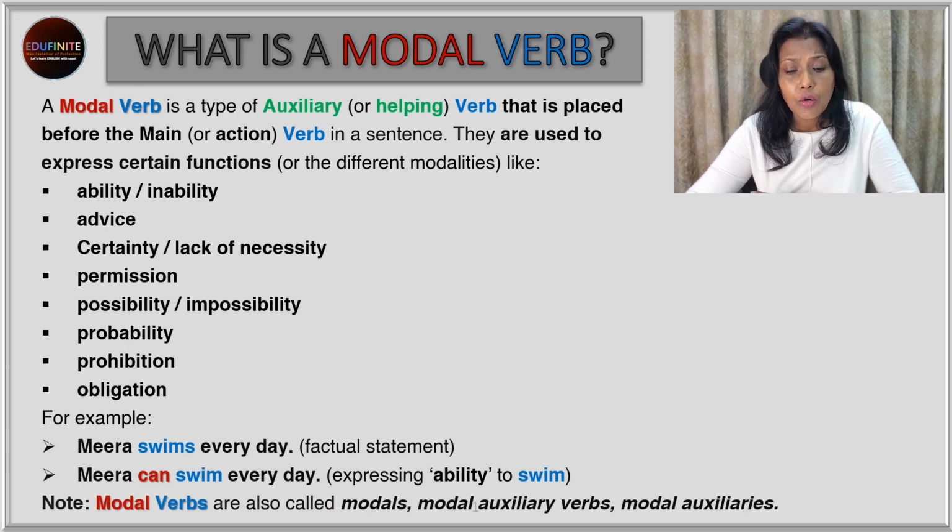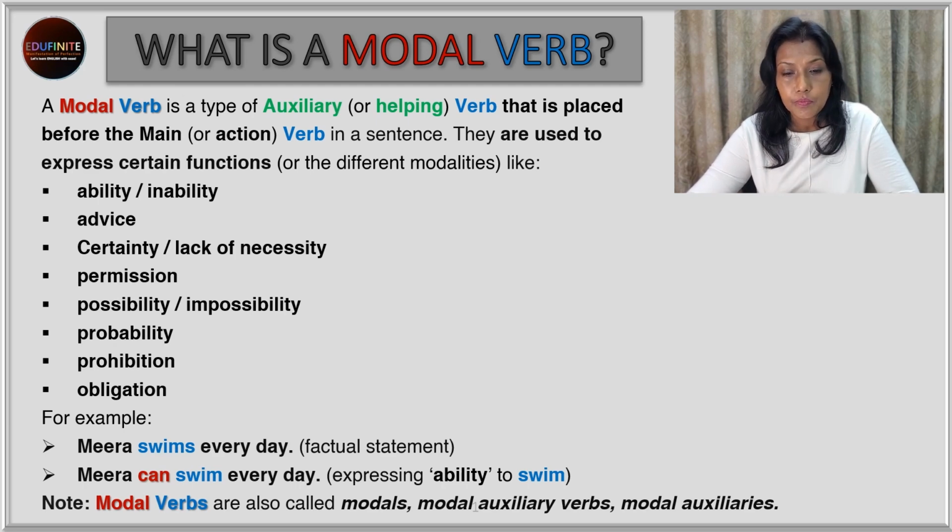Okay. Now, before we proceed further, just note one point. Modal verbs are also known as modals. We can call them modals or modal auxiliary verbs or modal auxiliaries. So these are the various names by which we call the modal verb.